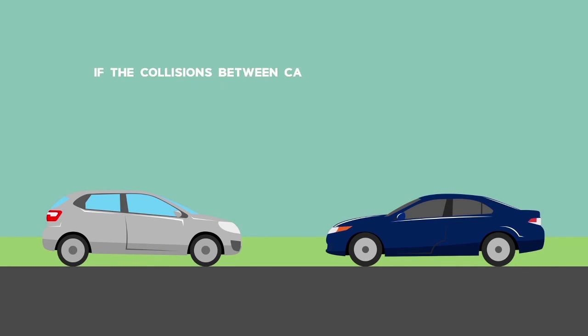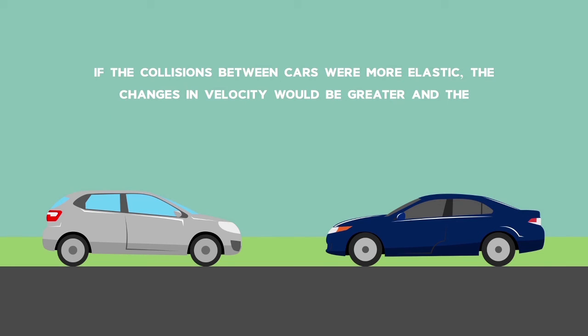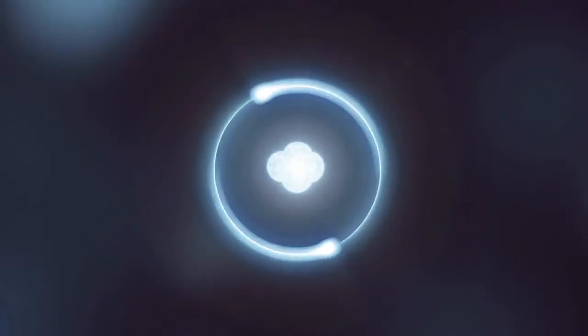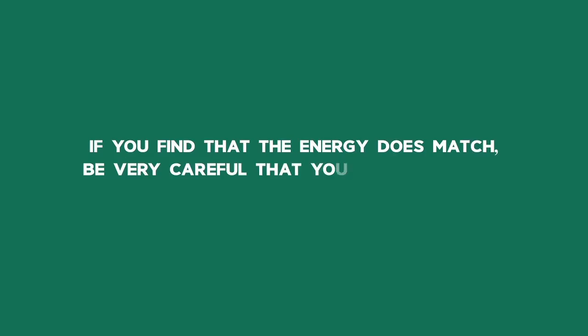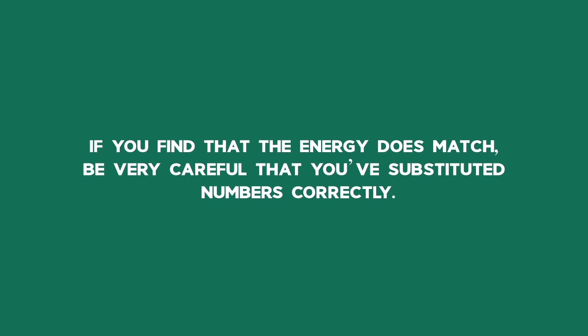If the collisions between cars were more elastic, the changes in velocity would be greater and the occupants would have a much higher risk of injury. The only collisions that are close to being elastic are collisions between atoms at low temperatures. So, if you find that the energy does match, be very careful that you've substituted numbers correctly.